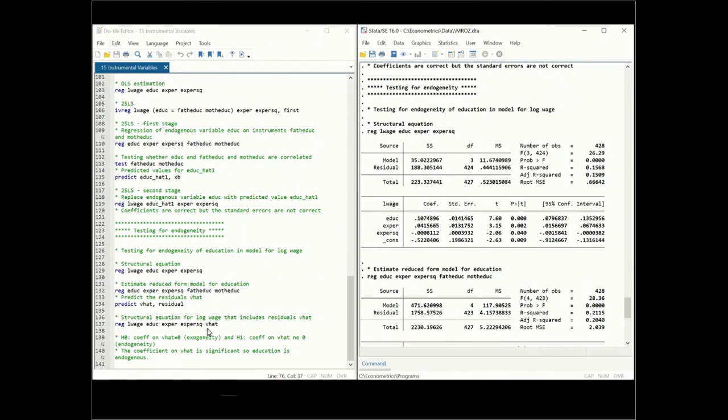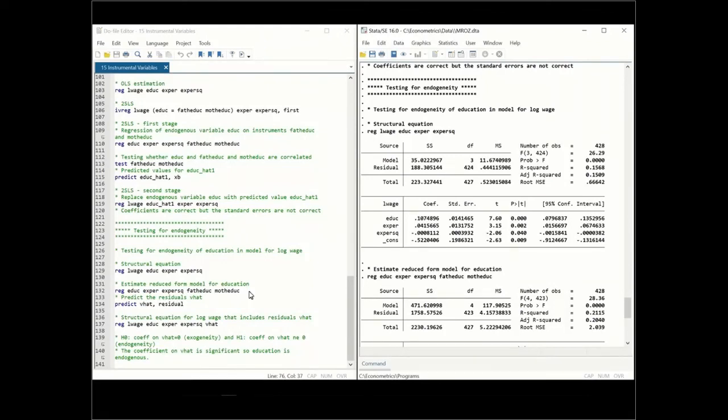And the reason for that is the following. Because when we have the first stage for the two-stage least squares, when we get the education hat, the predicted values, that is only the exogenous information. So if we actually have the residual here, the endogenous information is left in it.